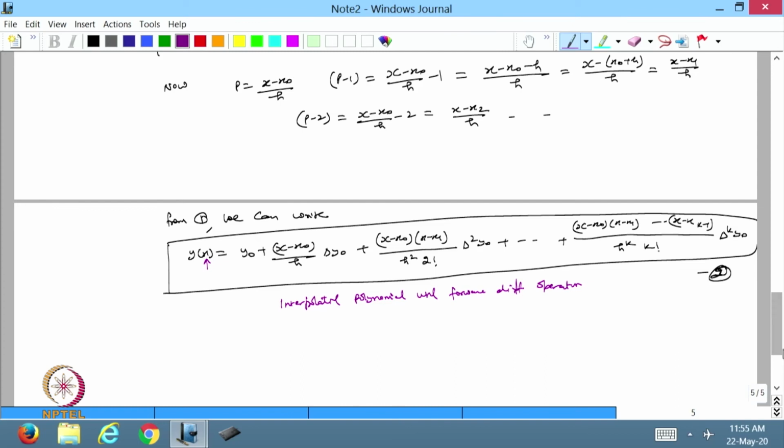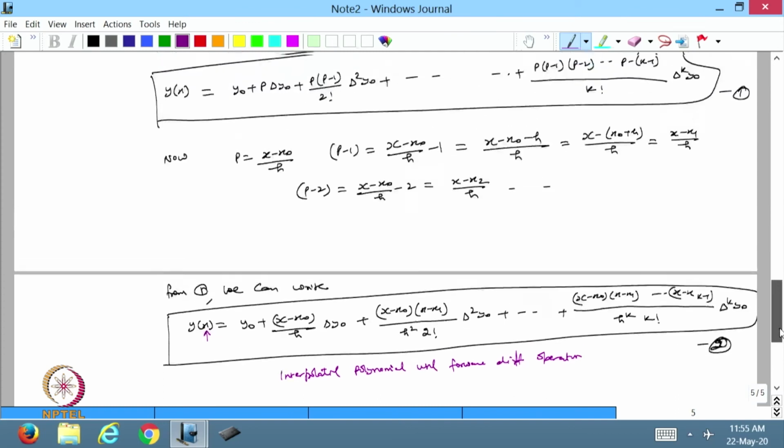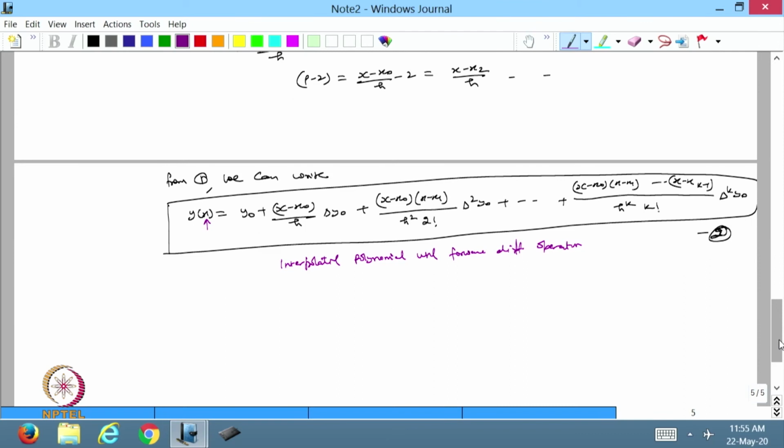So, now the question is how we can use this one. Now, if you see from here, I need to find what is this one, what is the second difference, and what is the k difference. So, to implement this equation number 2, we have to first make the finite difference table, and from the finite difference table we have to calculate the value of these operators, these differences, and then substitute those values, putting the value of all these data points x naught, x 1, x 2. Then after substituting all these values, you will get the polynomial of degree.